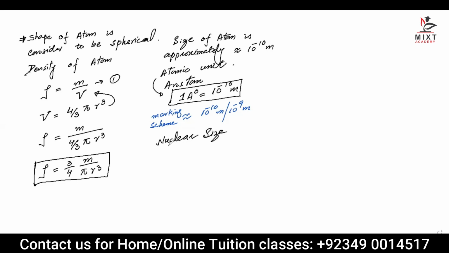The nuclei size is definitely a smaller part of the atom, and we have written that mostly the atom is empty. That is approximately equal to 10 raised to power minus 15 meter, but in some marking schemes they have written 10 raised to power minus 15 meter or 10 raised to power minus 14 meter.